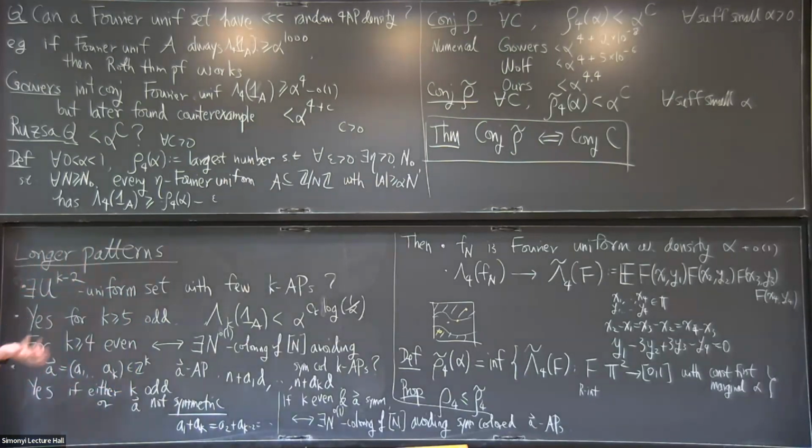And probably the most related thing to this is that you can ask the following question: given a set of density alpha, large n, what is the minimum possible Fourier AP density? Can you capture that by some limit object? And so there's some work of Candela-Sisask that characterizes what happens there.